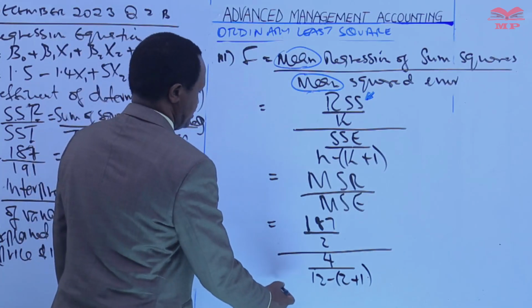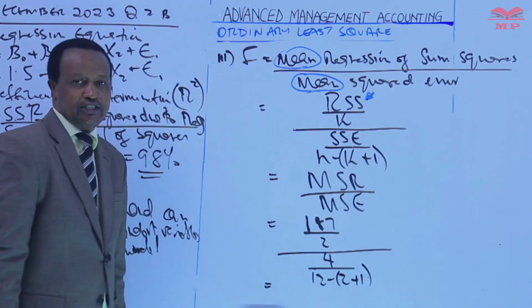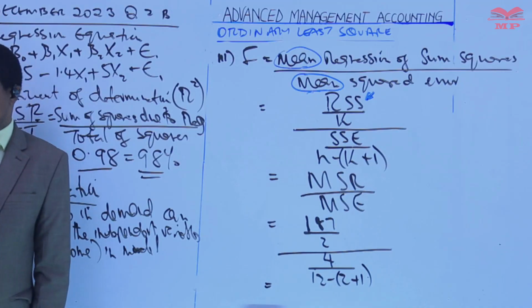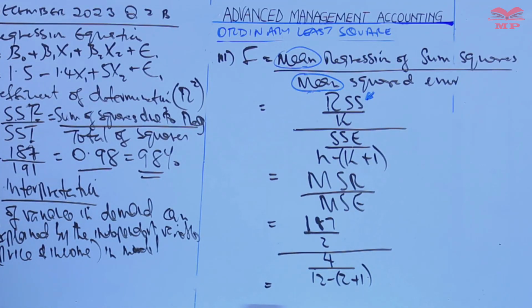Give me the F calculated. F statistic, how much is it?